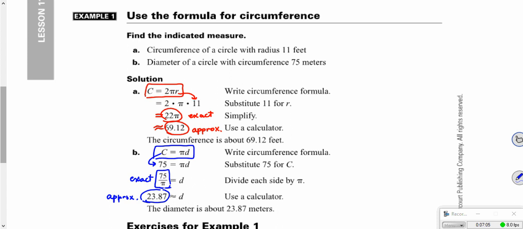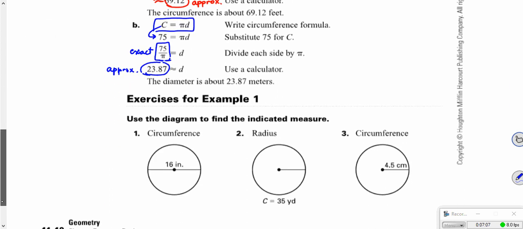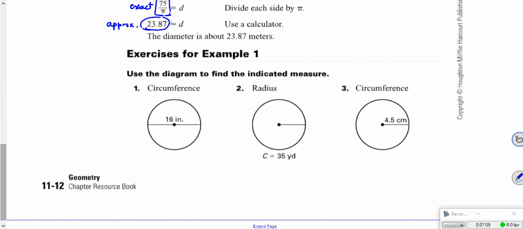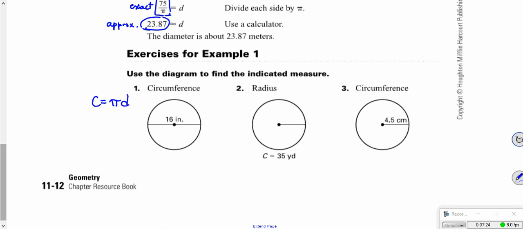All right, let's look at the exercises for example 1. It says use the diagram to find the indicated measure. So right off the bat, I'm thinking C equals, nope. They gave me diameter, so it would just be pi times diameter. So this is going to be pi times 16. 16 pi would be my exact answer.